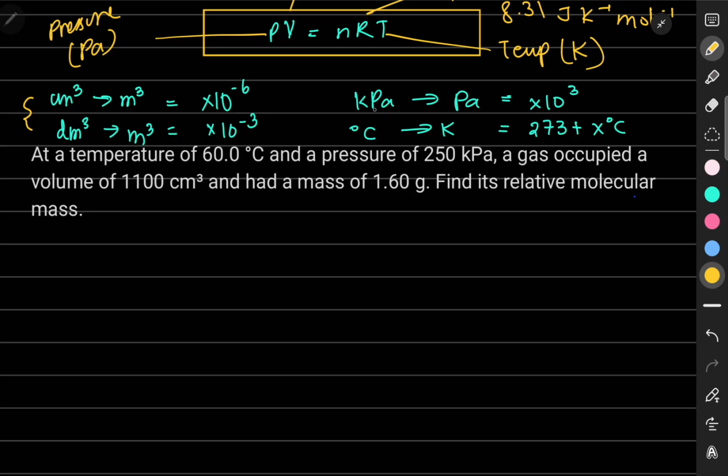If you're going to convert your pressure, which is given in kilopascals, into pascal, you need to multiply it with 1000 or 10 raised to power 3. And for going from temperature in Celsius to temperature in Kelvin, whatever temperature you've been given in Celsius, just add that to 273, and that gives you your temperature in kelvins.